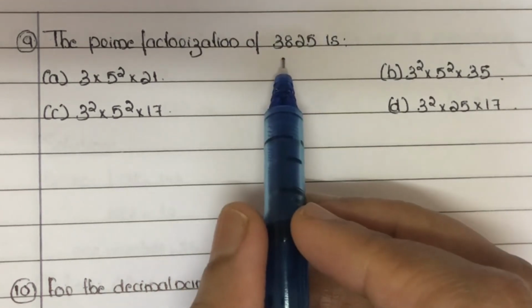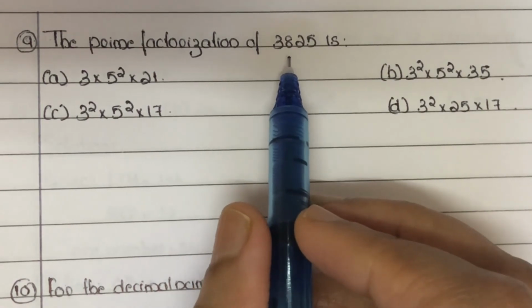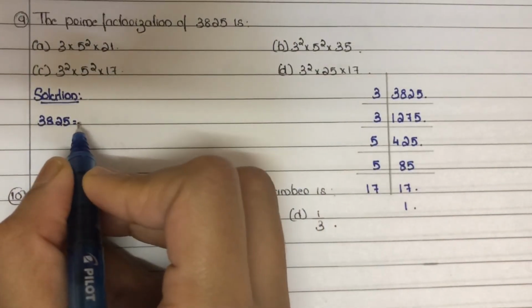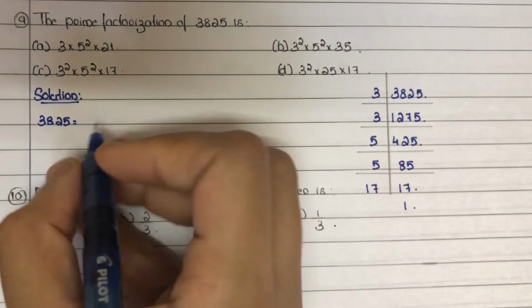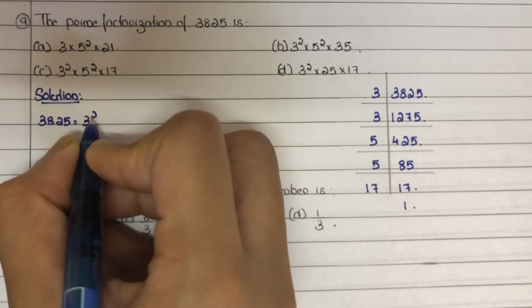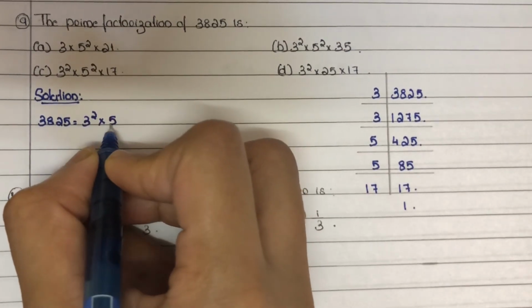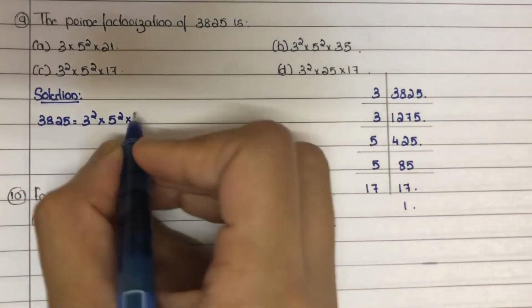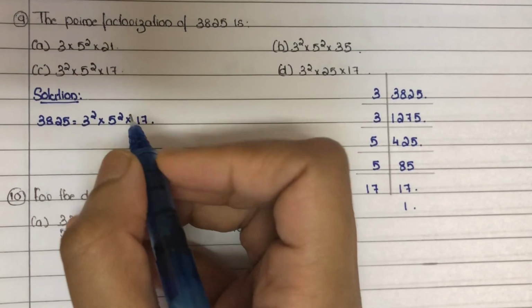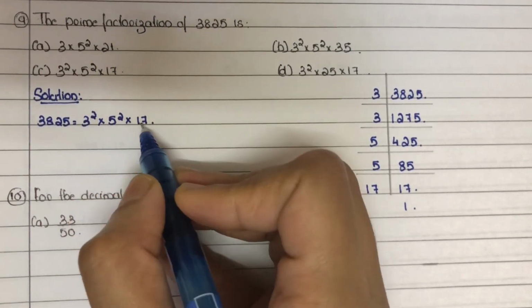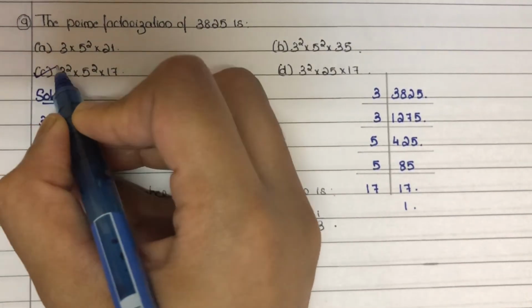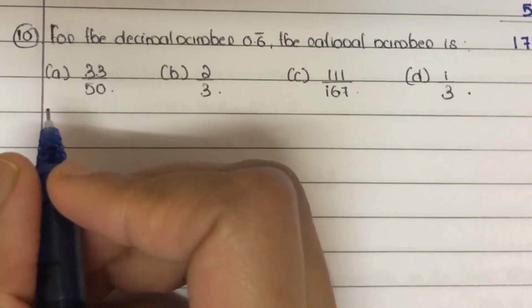Okay, do the prime factorization of 3825. 3825 is equal to 3 into 3, that is 3 raised to 2, 3 square into 5 into 5, 5 square into 17. So 3 raised to 2 into 5 raised to 2 into 17. That is option C.